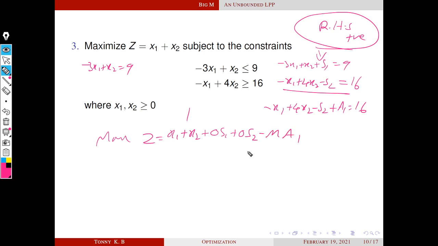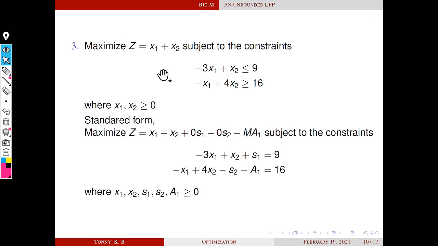So this is the new objective function. These are the standard constraints, and all the variables are non-negative. So this is the standard form of the given LPP: maximize z equal to x1 plus x2 plus 0 s1 plus 0 s2 minus M a1, subject to these two constraints.